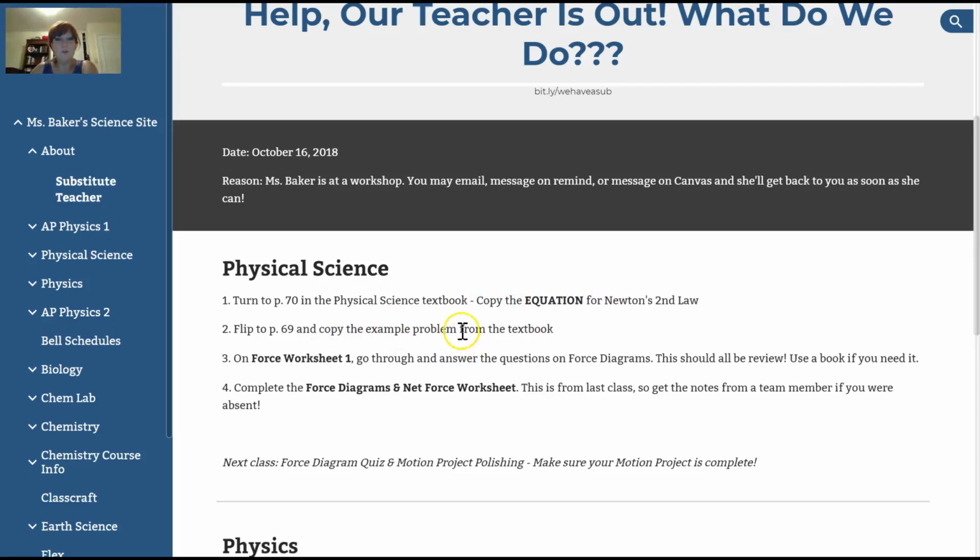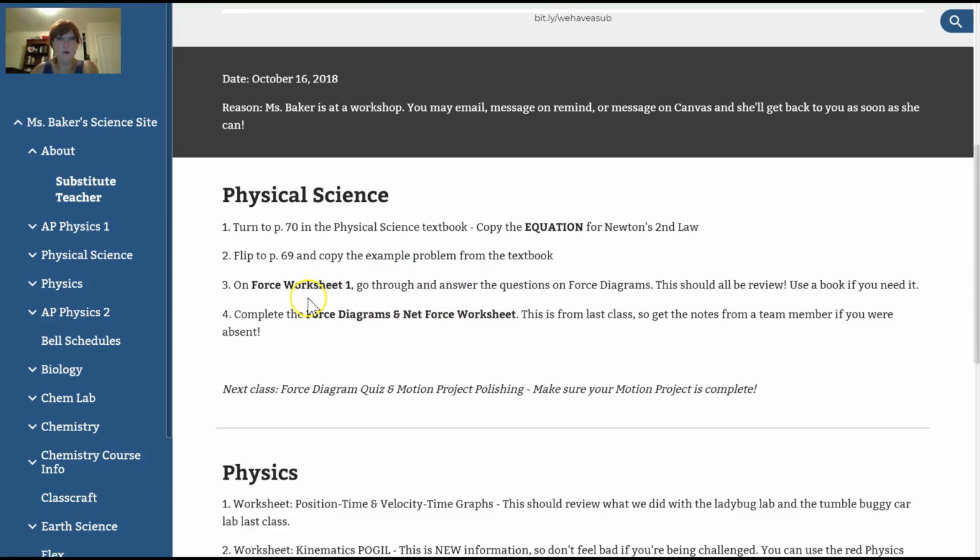Then you have two worksheets to do. They're both review from things we've looked at before. The first one is even an introductory worksheet, so you don't need any prior information to start working with that, the Force Worksheet 1. And you can use a book. We're in chapter 3, so go ahead if you really need it, but we should be fine.